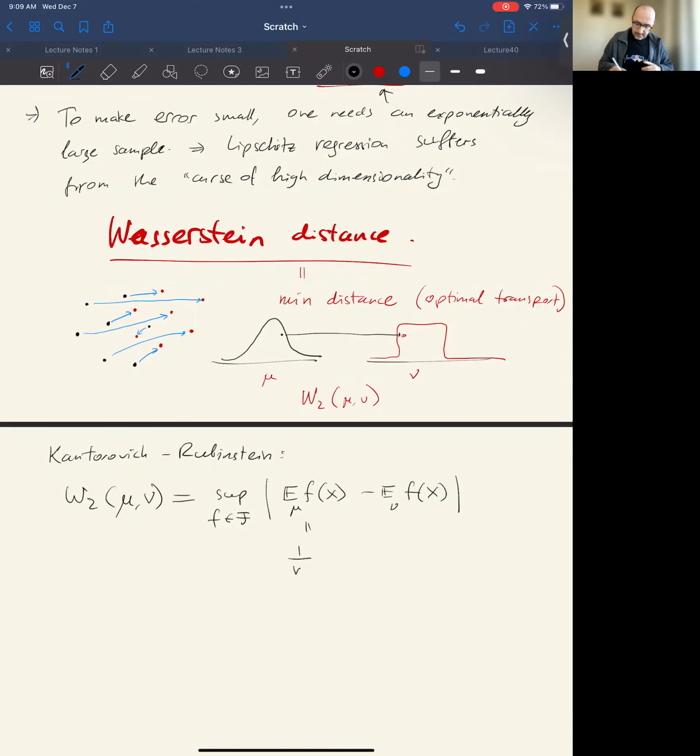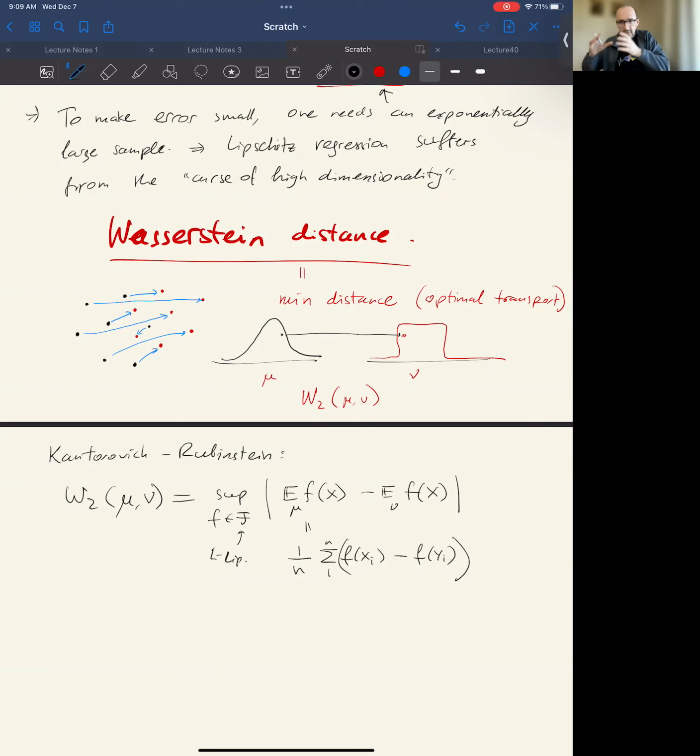So for the black points versus red points, it will be f of x_i minus f of y_i, for the uniform distributions on the black points and on the red points. And f is a class of one-Lipschitz functions. This is kind of a duality theorem.